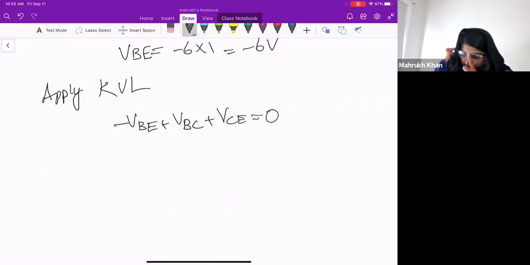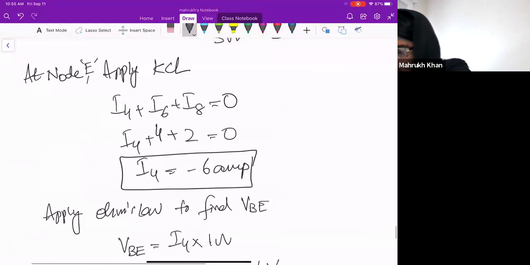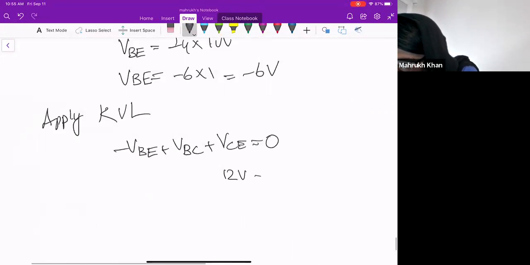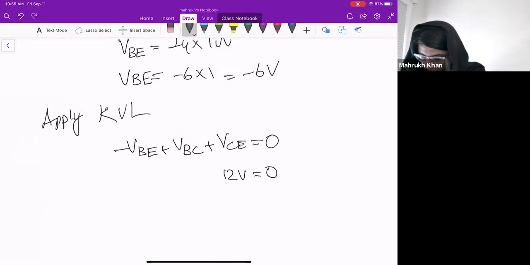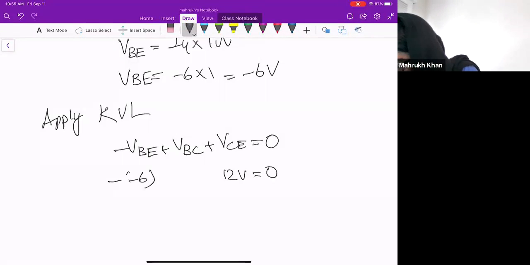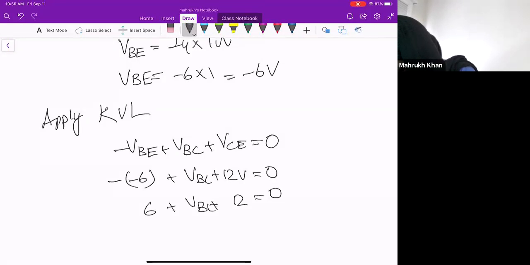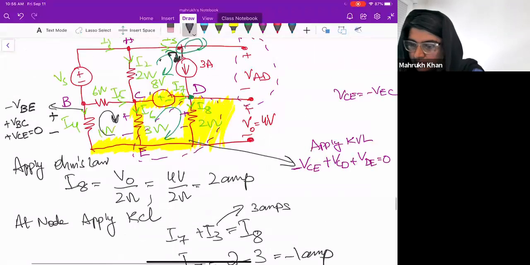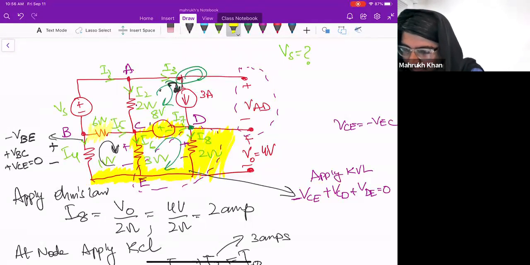My VCE is 12 volts. My VBC I'm trying to find, and I know my VBE. So my VBE is minus 6 volts. So VBC I found minus 18 volts.